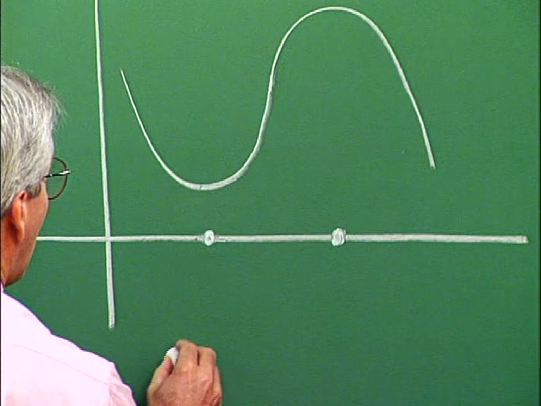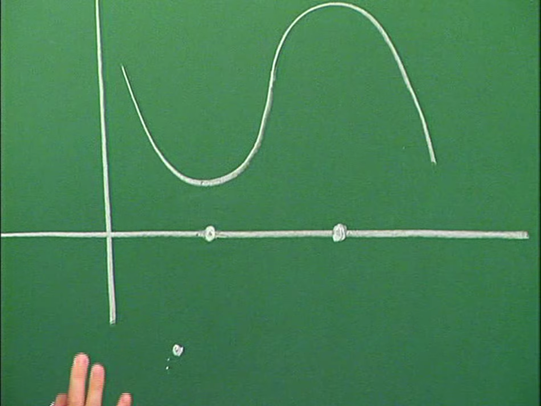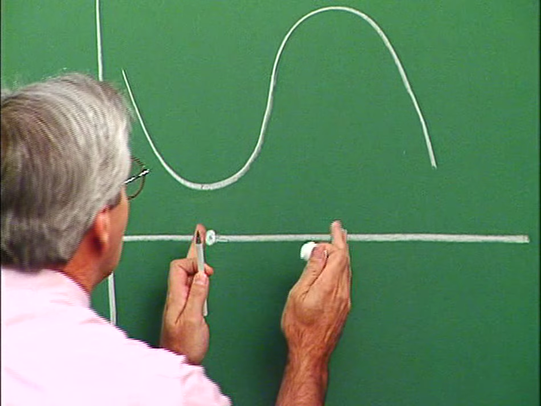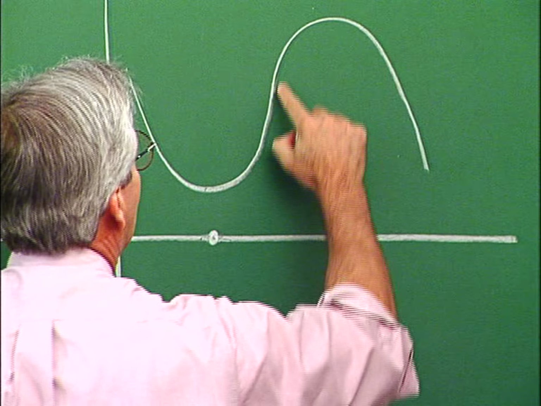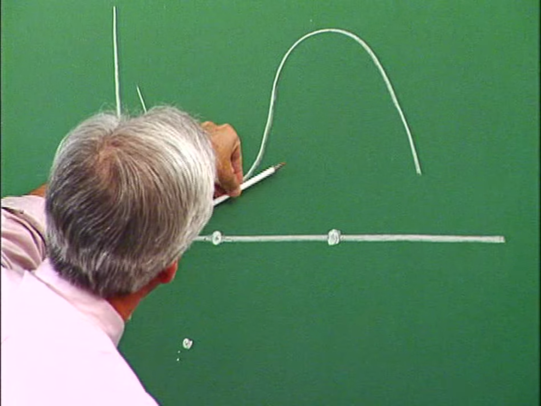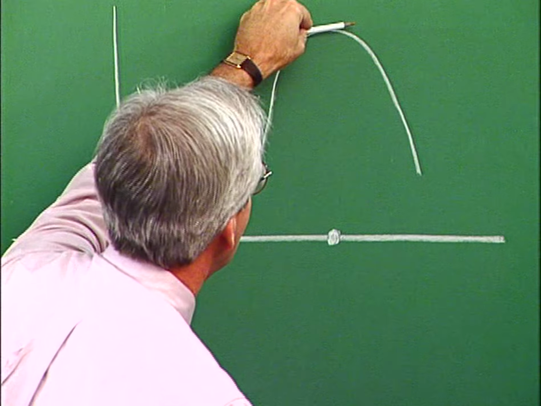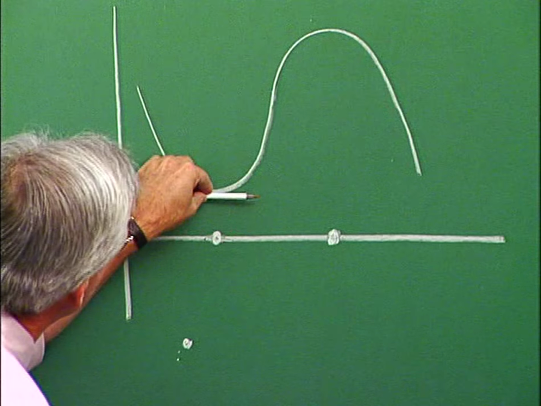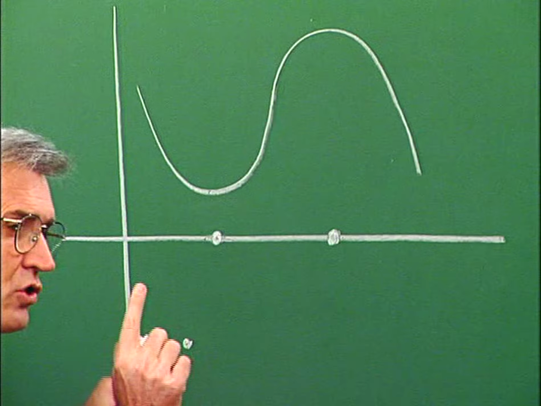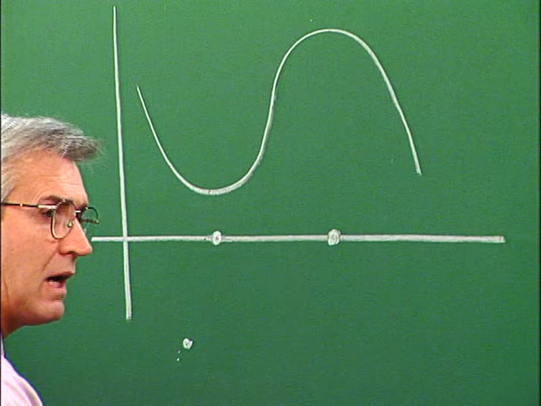Okay, so let me just put a point down here just to indicate where we are in this interval. Now, in this interval, what's going on? Well, I've got an increasing graph, and so all of the values are positive for f prime. Positive slope, you see, all through here. Now, what about the change, though, in that positive slope?